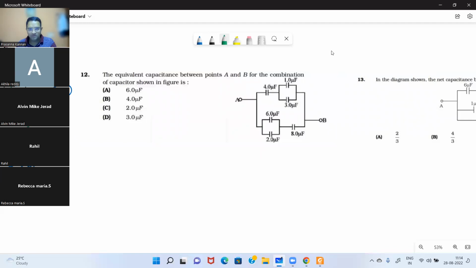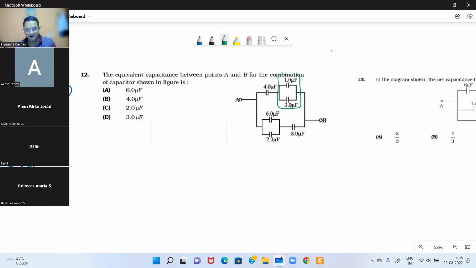Question number 12. Find the equivalent capacitance between the points A and B for the combination of capacitors as shown in the figure. Now, what can you say about these two capacitors? The 1 microfarad and 3 microfarad are in parallel.